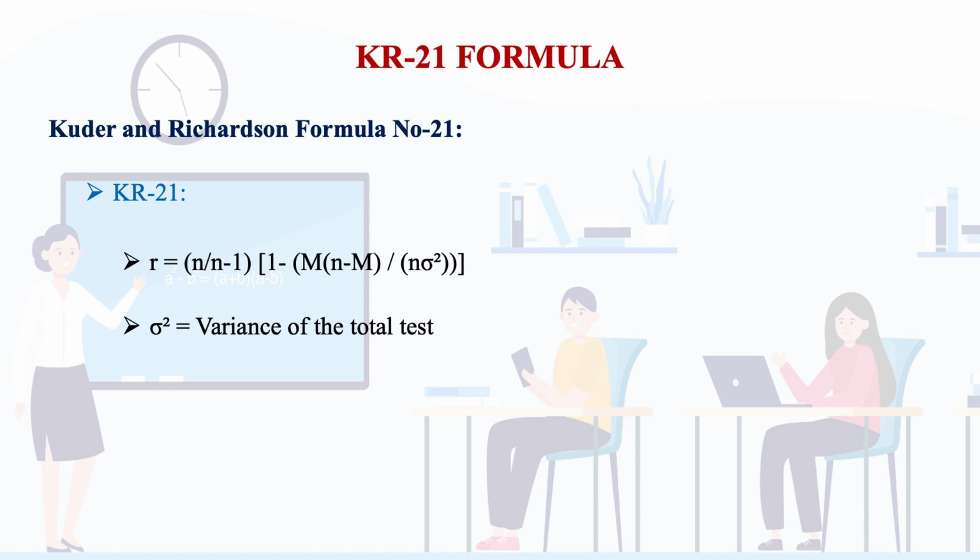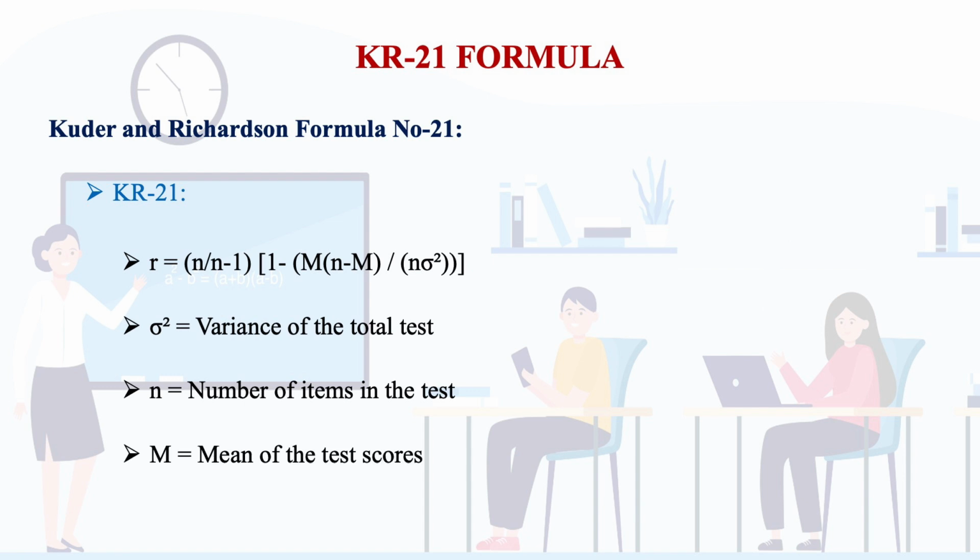You have the test score, you have the individual scores. So you have to find out the mean and the standard deviation, only two things. After getting the standard deviation, you can square it and you will get the variance. Then you have the variance, you have the number of items, it may be 100, it may be 50 as per your test, and you have already calculated the mean.